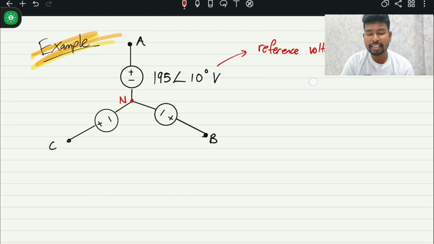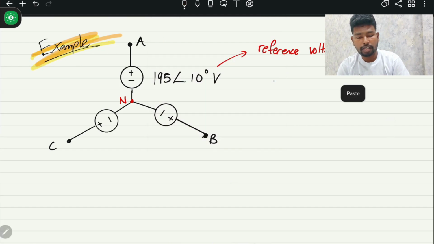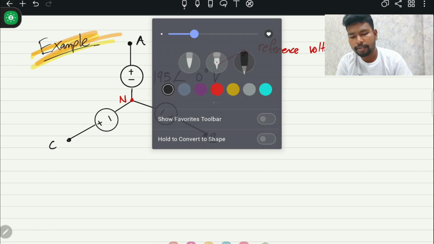Okay, let's look at an example to give you a better understanding. In this case, I will be using method 1. Okay, so if you look here, I've written the reference voltage. Usually the questions will be somewhere like this, where they have given you one reference voltage and you should figure out the rest by yourself.